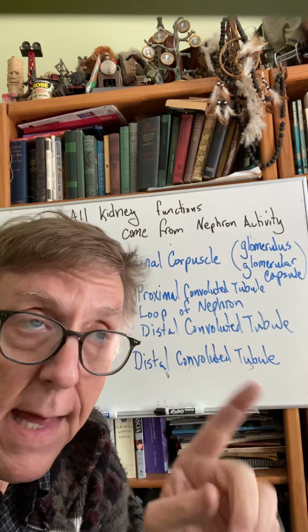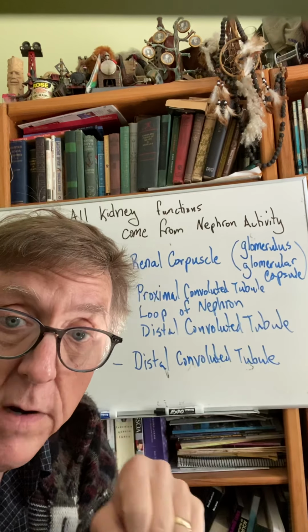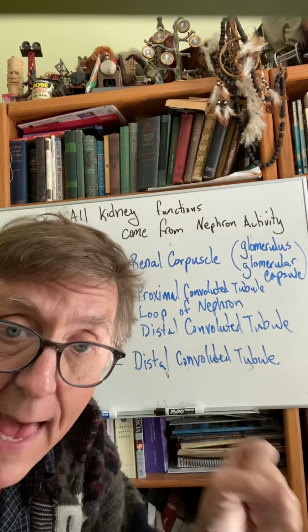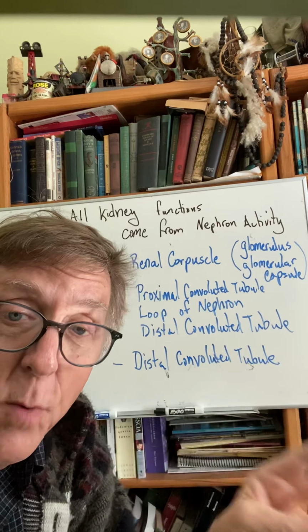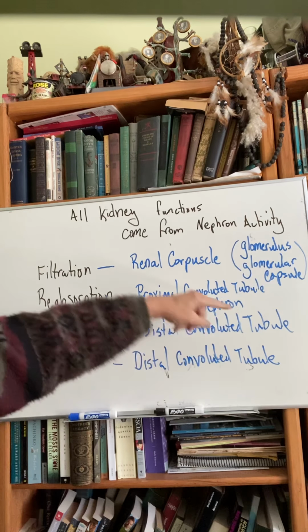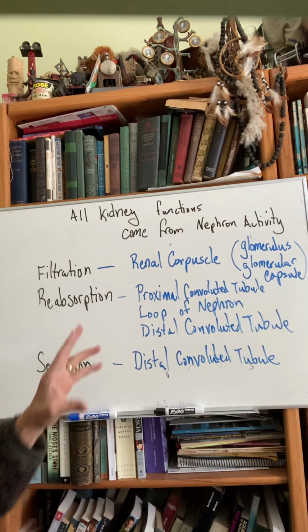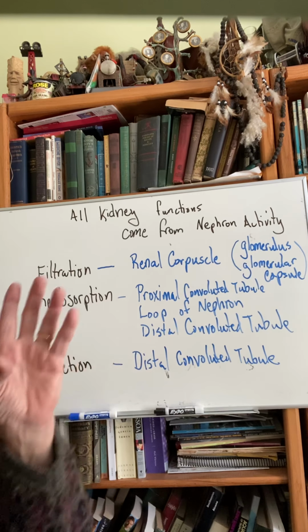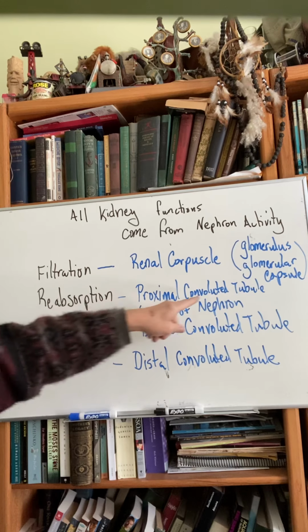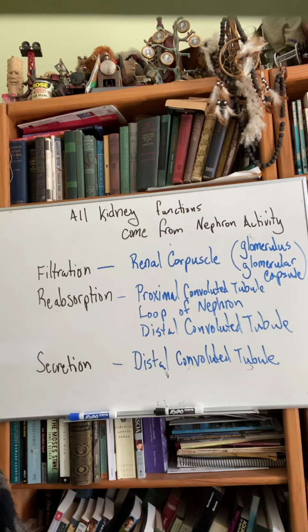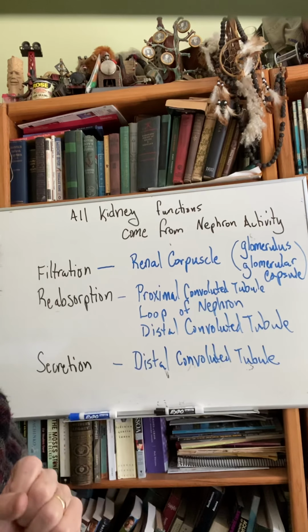Now remember, we said the efferent arteriole feeds into another series of capillaries called the peritubular capillaries that are going to be all around the renal tubules. So lying all over the surface of the renal tubules, on the surface of the proximal convoluted tubule, the loop of the nephron, the distal convoluted tubule, we have capillaries.